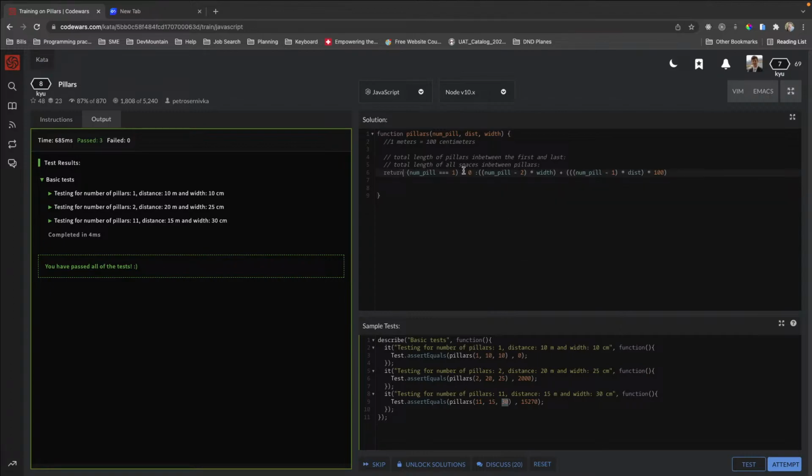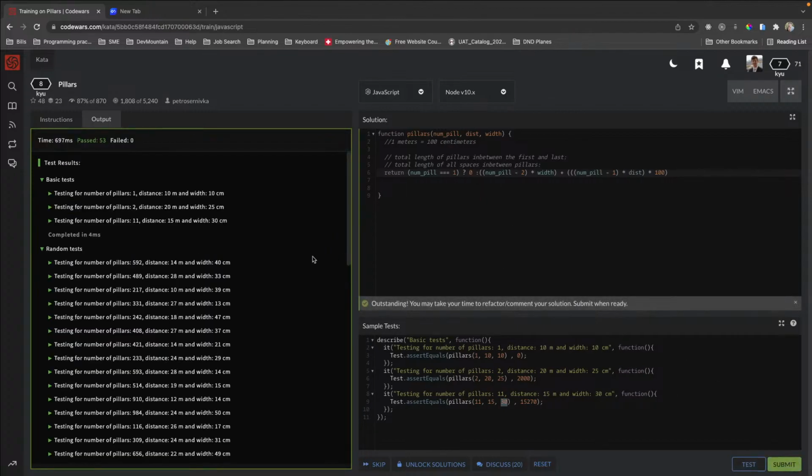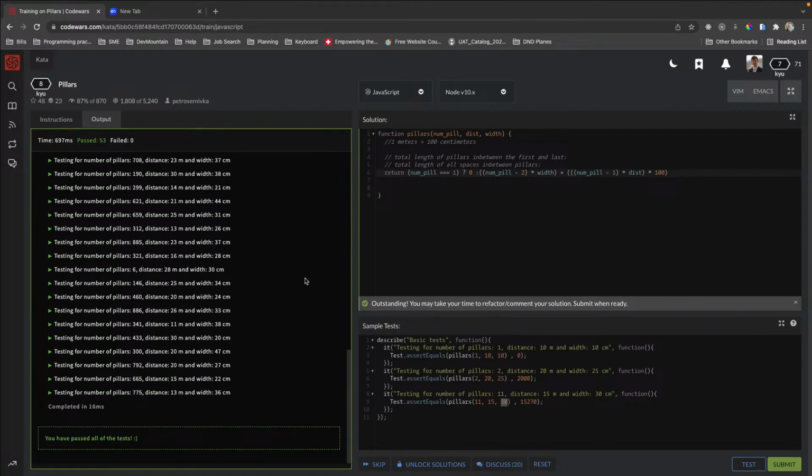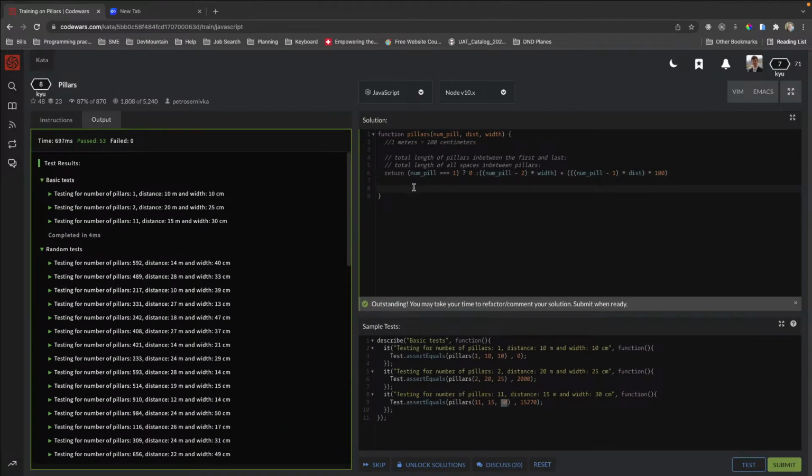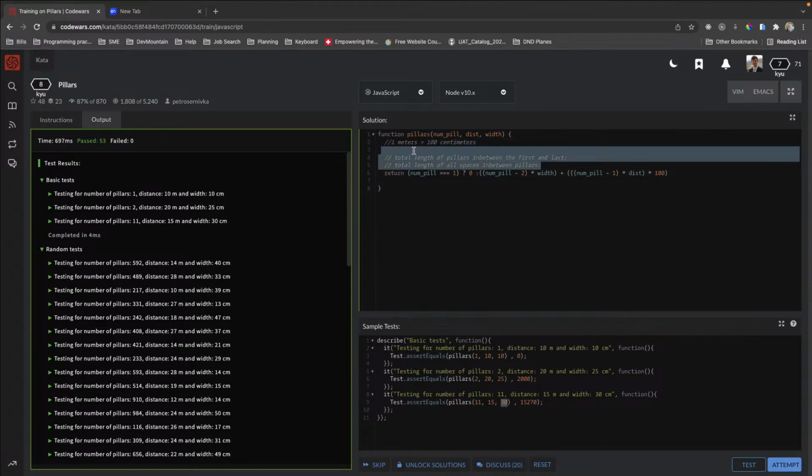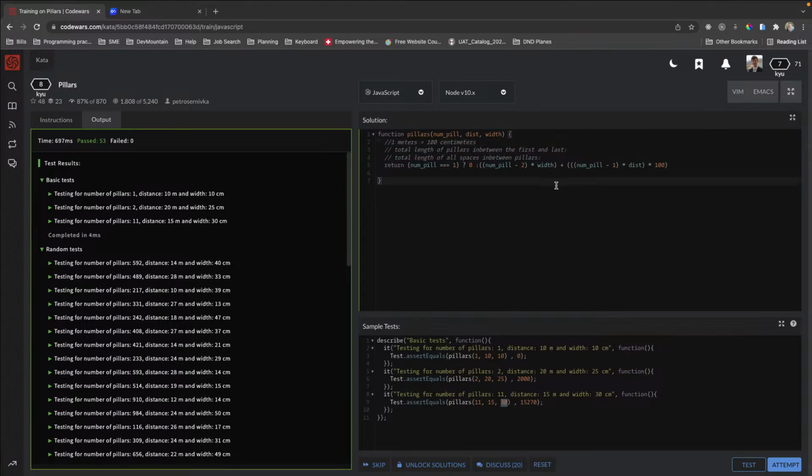I mean, I was just thinking ternary. Let's attempt it. There we go. All right, not too bad. This one's kind of math heavy. I like it. I liked this one. I liked it a lot. All right, let's go ahead and do this.